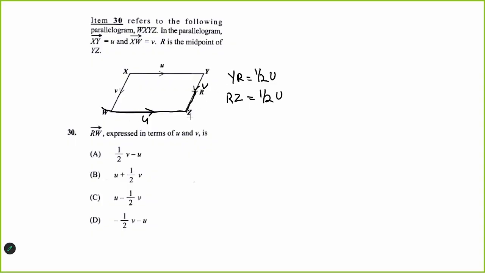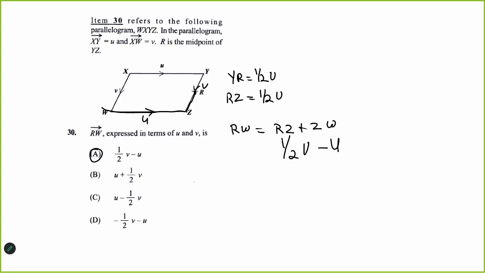We know RZ is a half V. RW will be RZ plus ZW. RZ is 1/2 V, and then Z to W, because we're going in the opposite direction, it will be minus U. The only one as that is A.